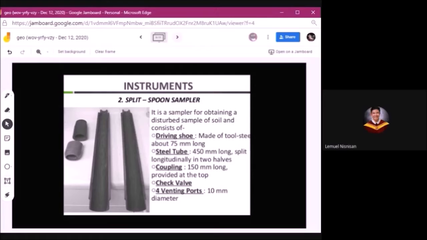Then the steel tube, which is 450 mm, split longitudinally in two halves. Then the coupling, 150 mm long, provided at the top. And lastly, the check valve and the four venting ports, 10 mm in diameter.